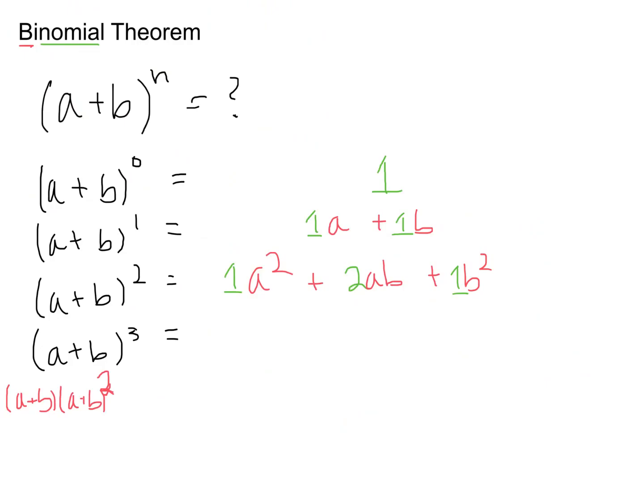Good. And so what you'll end up with is a cubed plus 3a squared b plus 3ab squared plus b cubed.